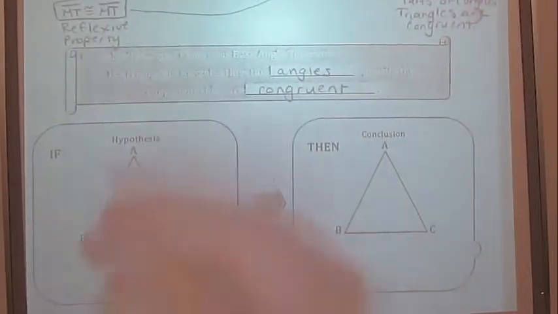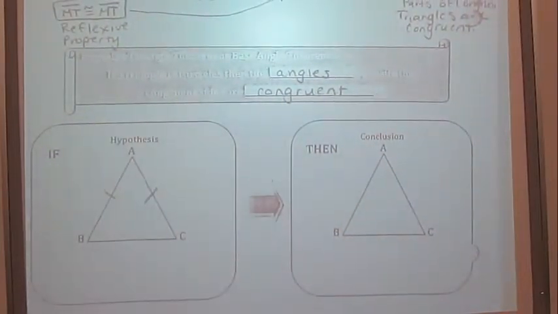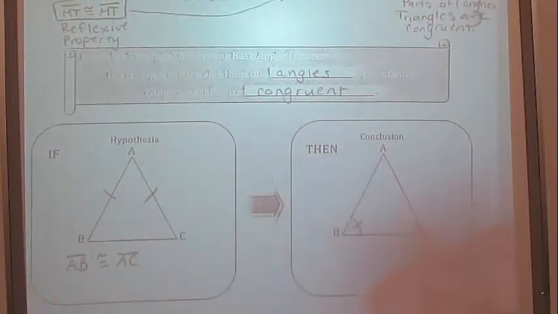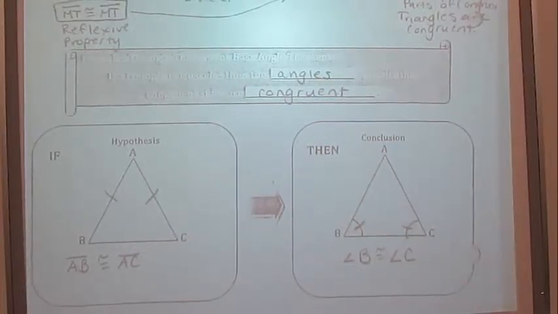Okay, so what does that mean for our hypothesis and conclusion? If we have segment AB is congruent to segment AC, then angle B is congruent to angle C. Okay? So that's the conclusion we can make if we know we have an isosceles triangle.